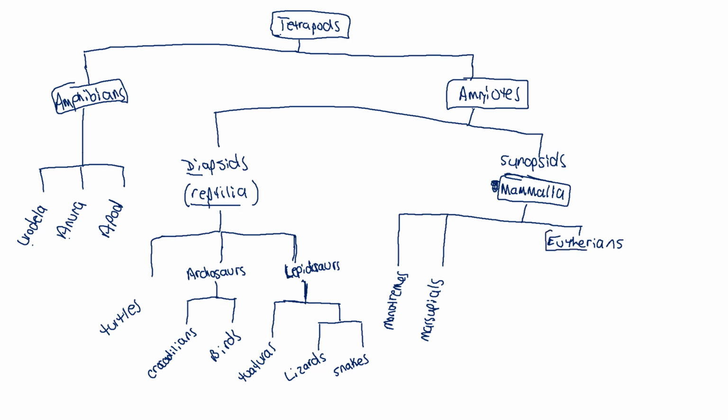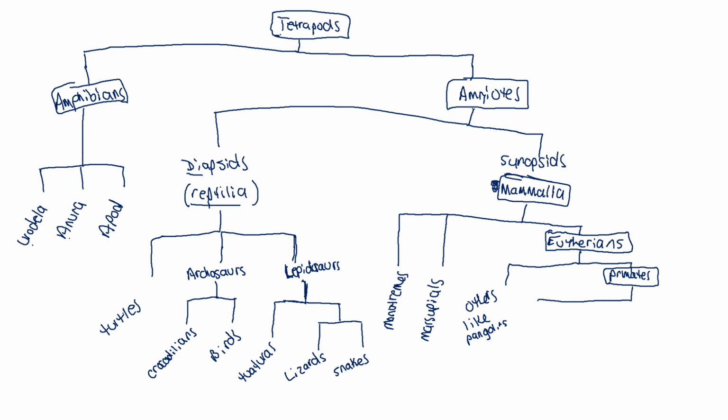Now we're going to divide the Eutherians out a little bit further. The Eutherians divide into others, right? So others like pangolins. But we're going to focus on the primates, because we're going to take it all the way to humans.